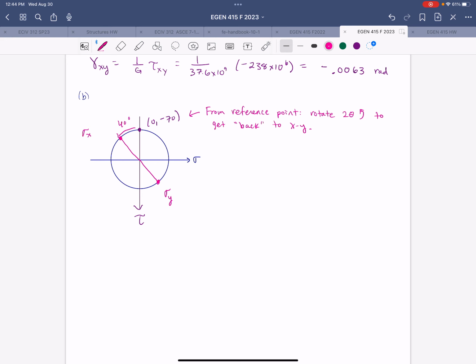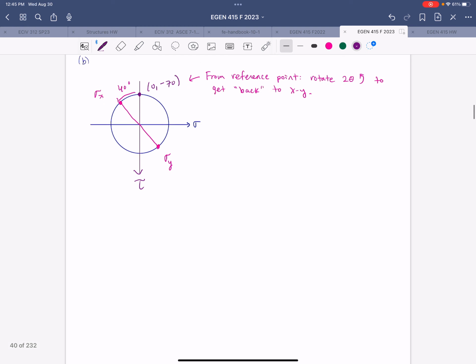I'm going to not write the tau xy part because that's redundant, or it seems repetitive anyway. We know that we're going to get our tau from those points too, right? All right, so now using geometry to get those values, we can calculate sigma x is going to be just negative 70, right? So we know the radius is 70. We don't really have to do as much as we did in the first part, times sine of 40.